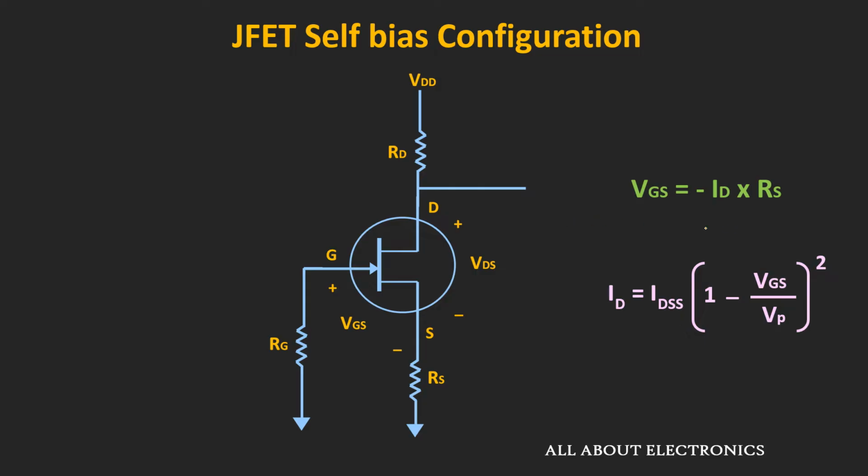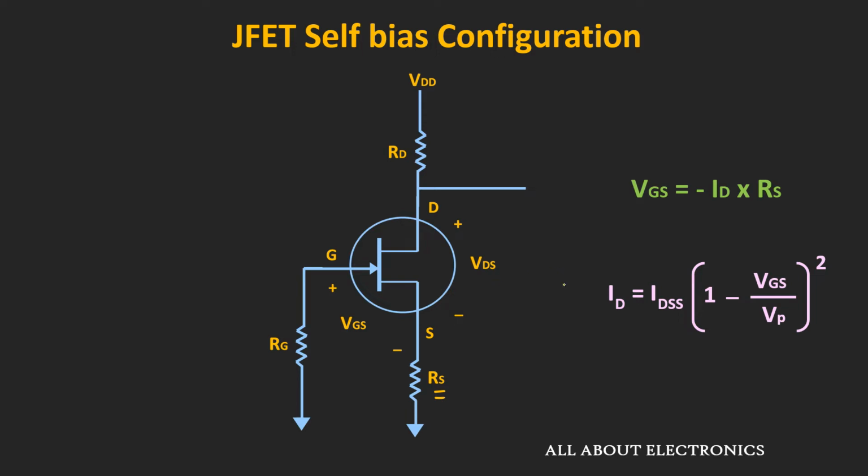So as the drain current ID tries to increase, the voltage VGS will also increase. And from the second expression, as you can see, when the voltage VGS increases, the drain current ID will reduce. So because of this source resistor RS, there is an inherent feedback in this self-bias configuration, and because of that, it tries to stabilize the operating point.